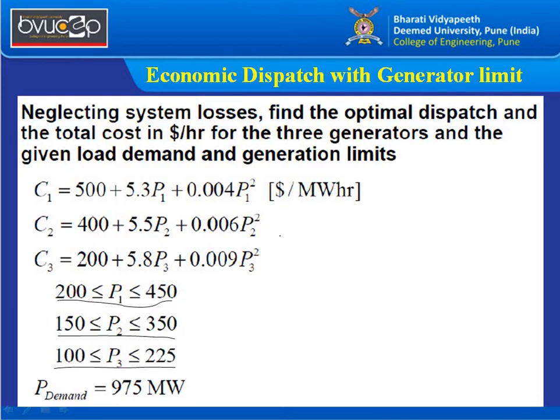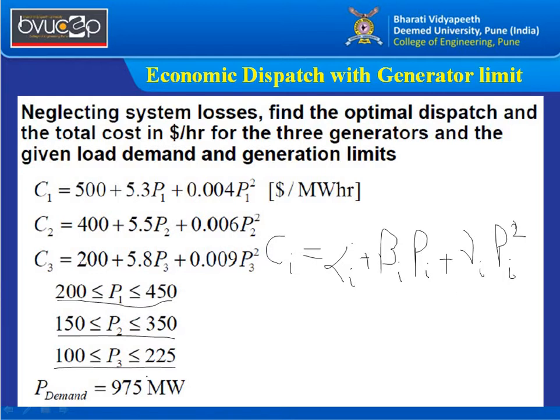As I've mentioned, the equation is Ci equal to alpha i plus beta i into Pi plus gamma i Pi square.